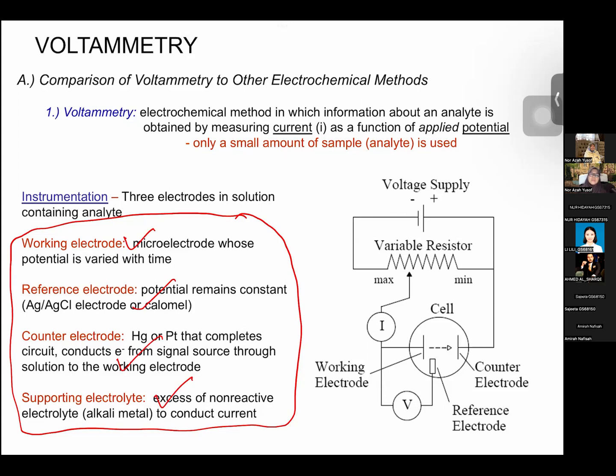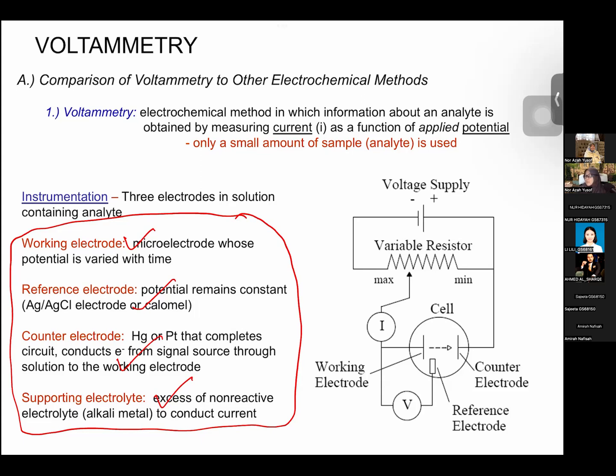And I also introduced to you that voltammetry is similar to, if you learned physical chemistry, probably many years ago, you might have come across the galvanic cell and the electrolytic cell. Okay, so this is what we call an electrolytic cell. Famous for example, water electrolysis.